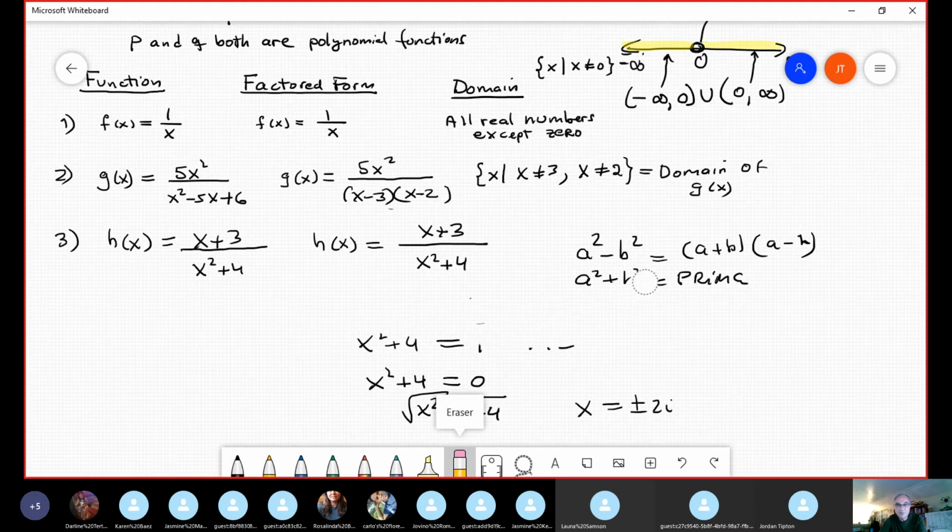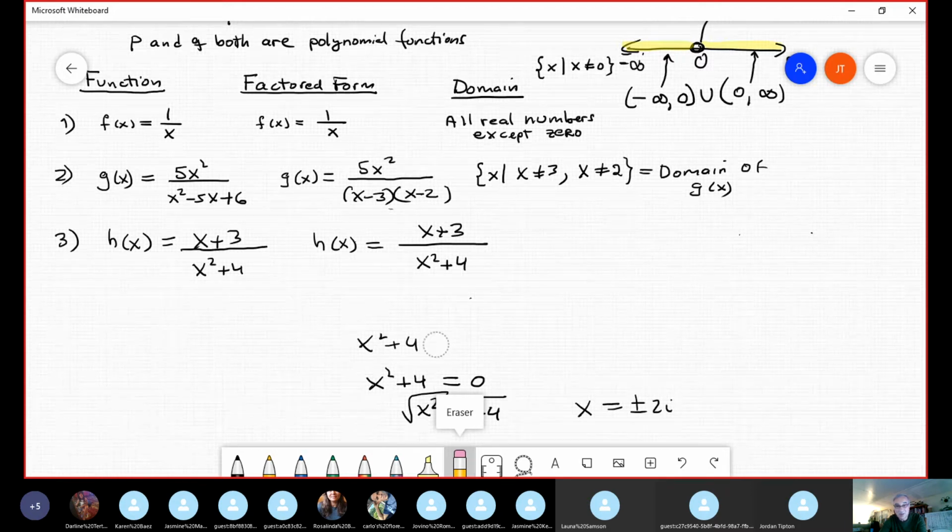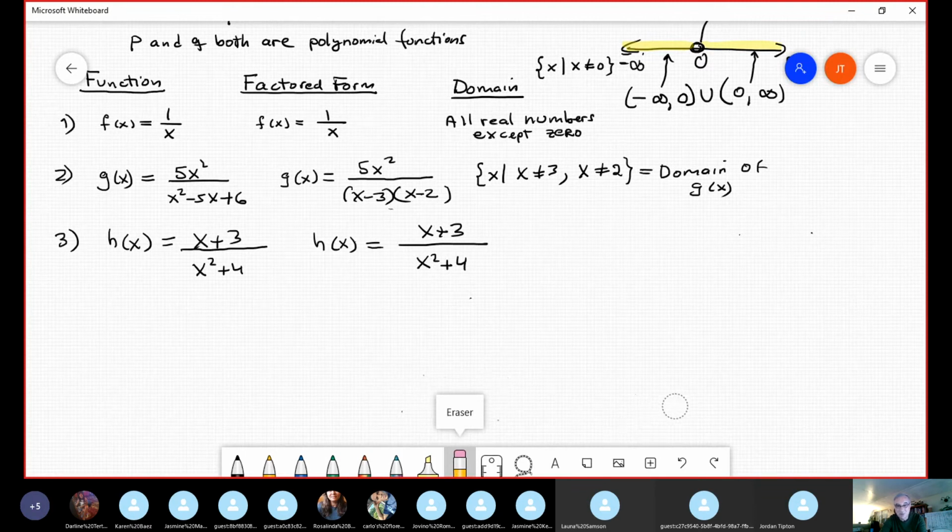Let me repeat again. The idea I repeated throughout the semester several times is that the domain of a function is all real numbers except the restrictions. This is the classical definition.